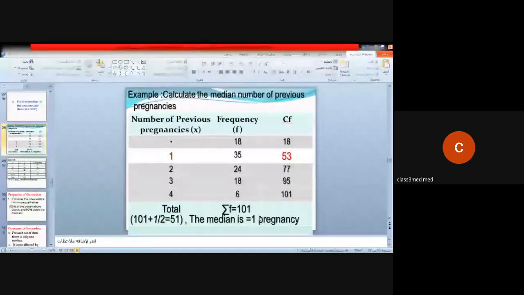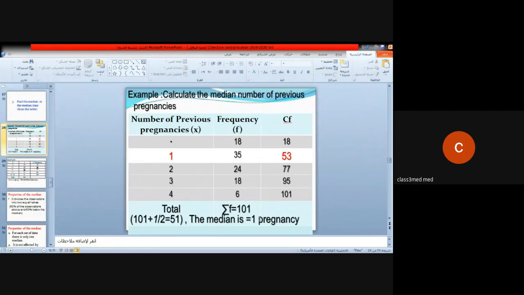As I've mentioned, first step we have to calculate the cumulative frequency, and as you see, the first group, and by now you know how to calculate the cumulative frequency, will be the same, 18. Then we add the frequency of the preceding group and so on. So the cumulative frequency is the frequency of the same class interval plus all the preceding classes.